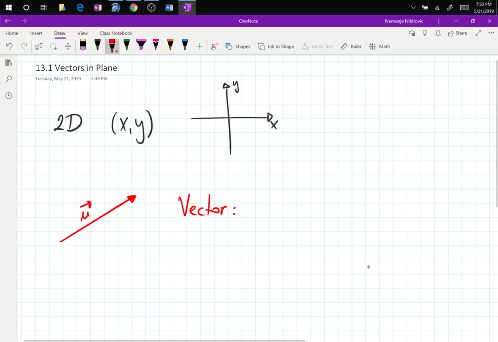Vectors have magnitude, which is technically length in some cases, and they have direction, which is the way they go, the orientation.